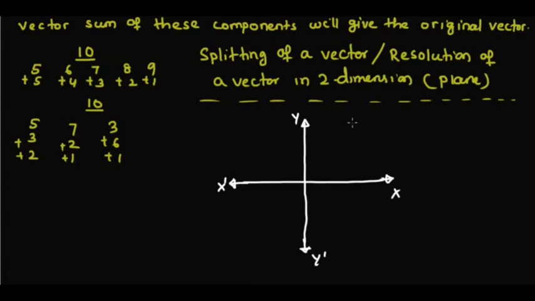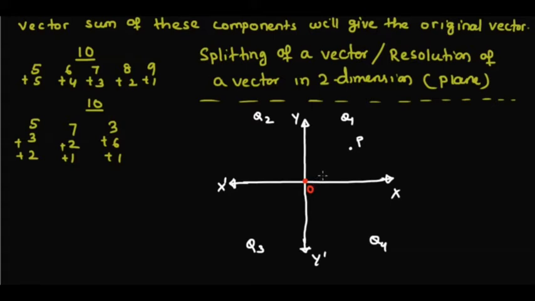This is the first quadrant Q1, second quadrant Q2, third quadrant Q3, and this is the fourth quadrant Q4. Is that clear? Suppose I have a point P in the first quadrant, and the point of intersection of the two axes is O. This is the origin. Is that clear?